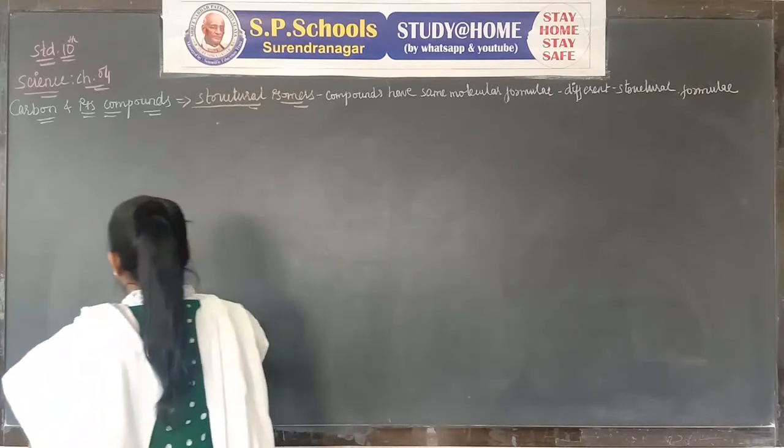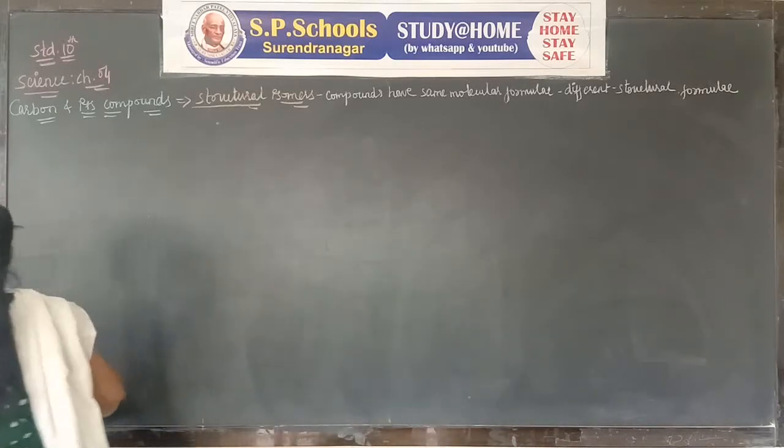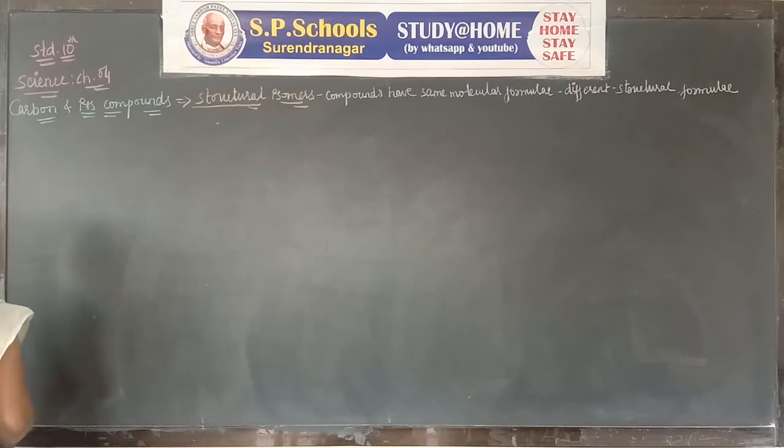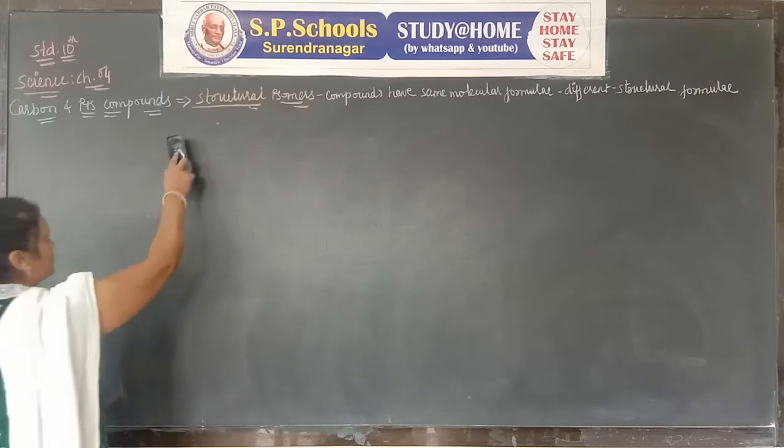Let's repeat it. Compounds have the same molecular formula but differ in structures, in structural formula, and are known as structural isomers.